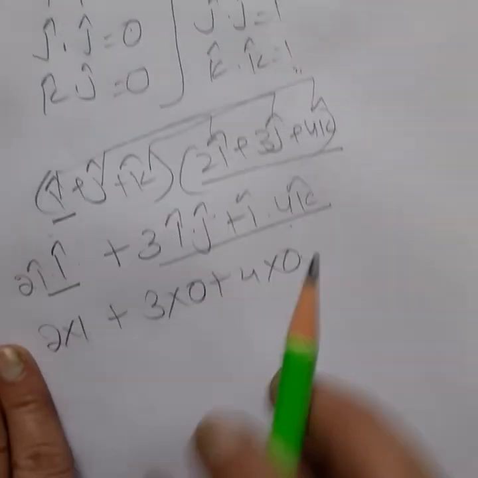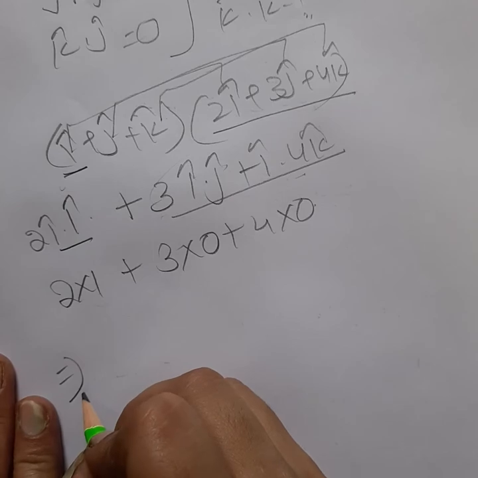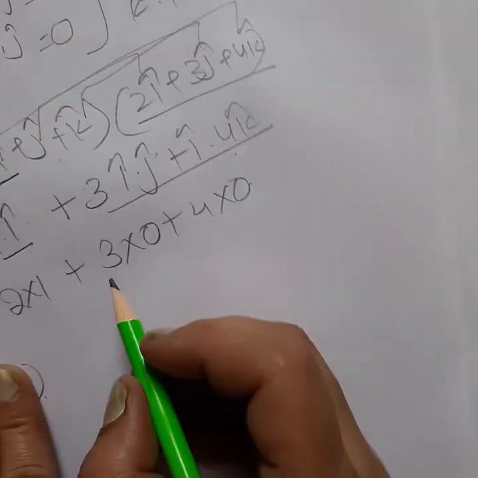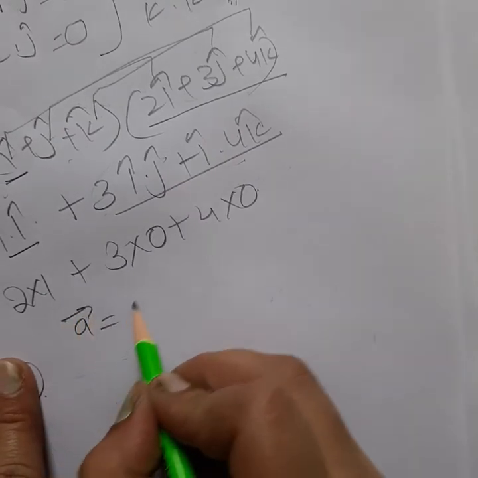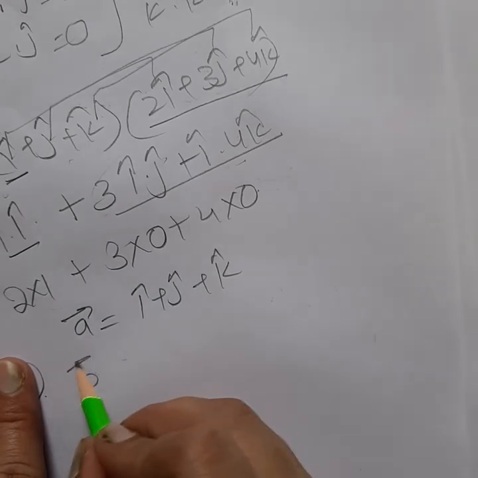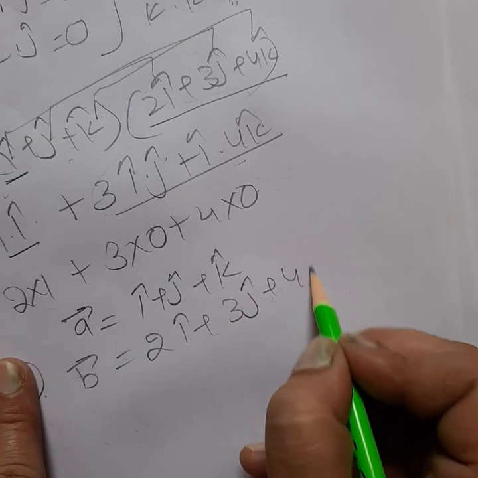So these are some basic formulas. Okay students, now if we are talking about the angle, cos theta, suppose we have the vectors like a vector is i plus j plus k, and the b vector is 2i plus 3j plus 4k.